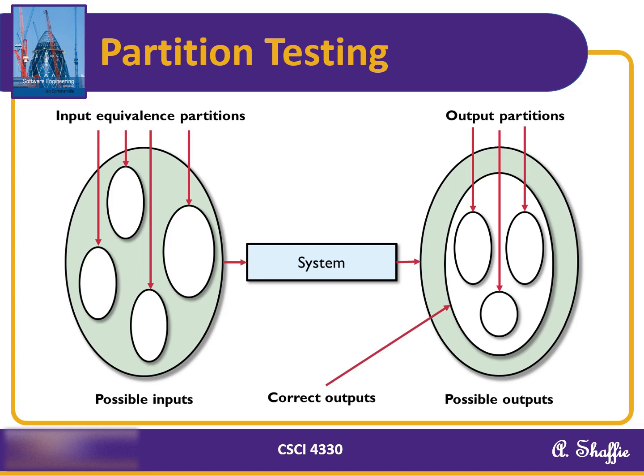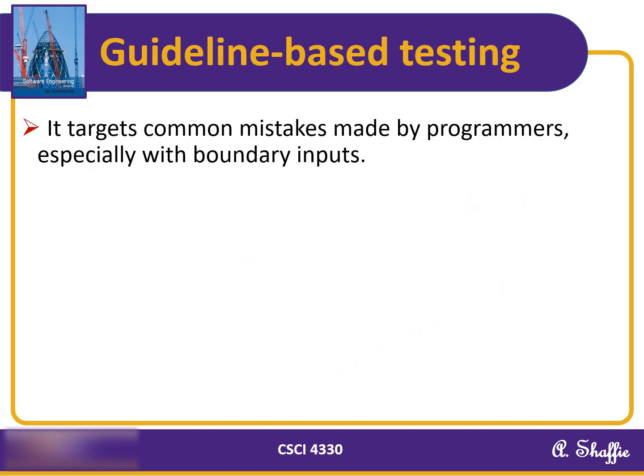By selecting a few representative test cases from each input partition, we can effectively test the system's behavior without needing to test every possible input. This approach reduces the number of test cases while ensuring a comprehensive coverage of the system's functionality.